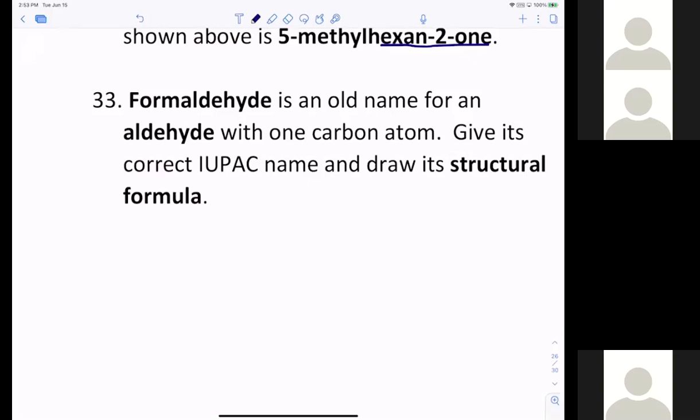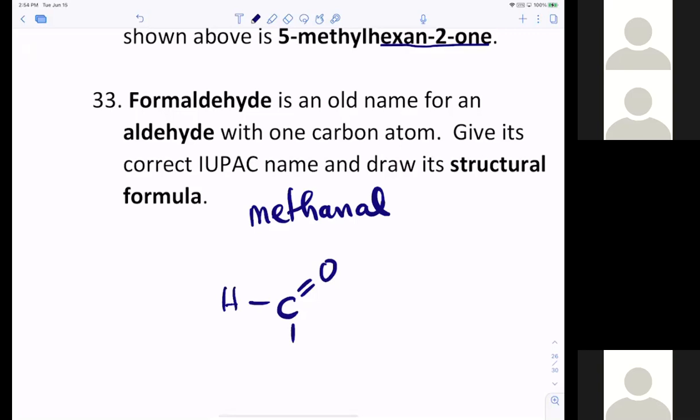So then what's its proper name if it has just 1 carbon? Methanal. And then draw it. Well, you can't really draw this with a bond line formula. So just put a carbon, double bond O, and then you either just put 2 H's like that, or you could just even do that. It's such a small molecule. Okay, either one of those would be fine.